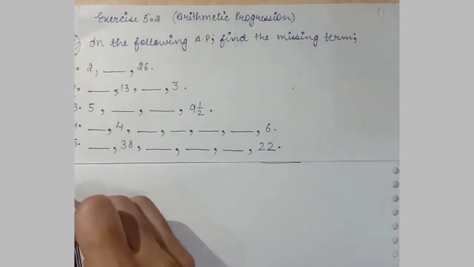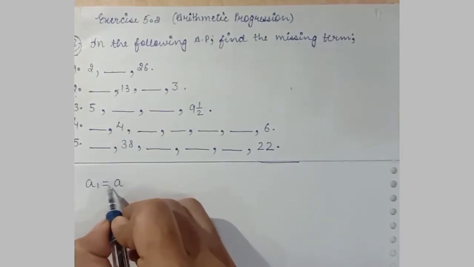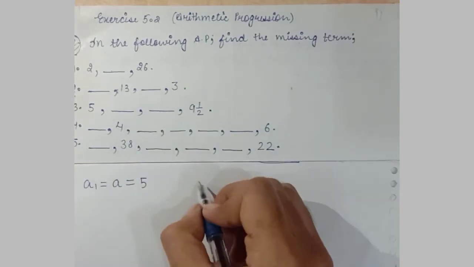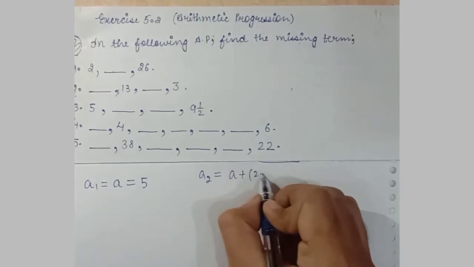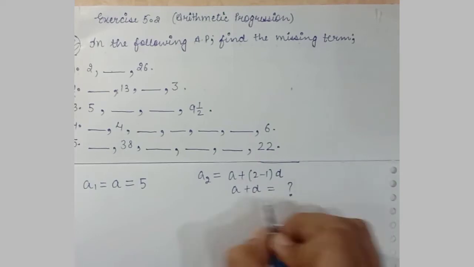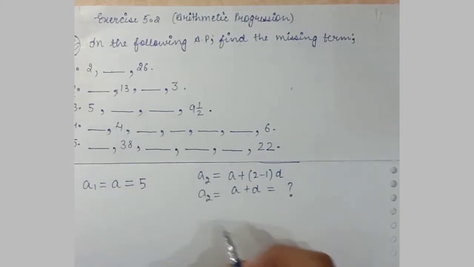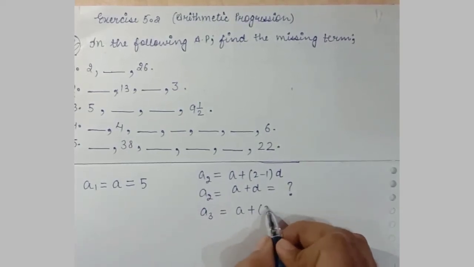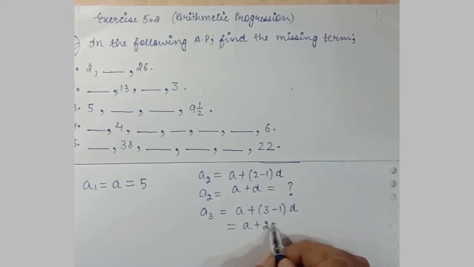In the third question, we are given the first term, that is a is 5. We have to find the second term. We write it as a plus 2 minus 1 d or a plus d. Now we also have to find the third term. We write it as a plus 3 minus 1 d or a plus 2d.